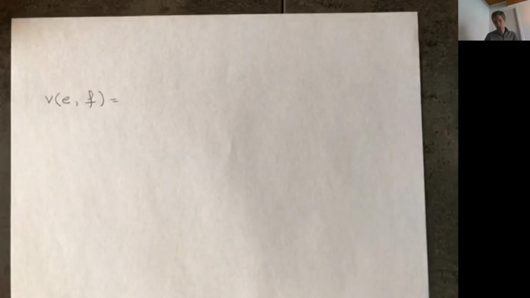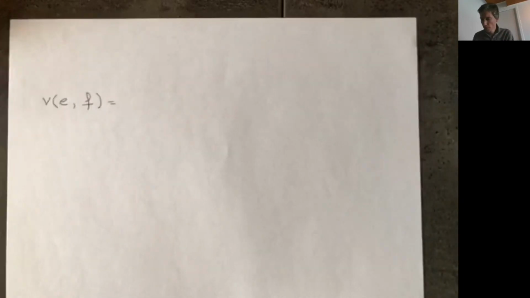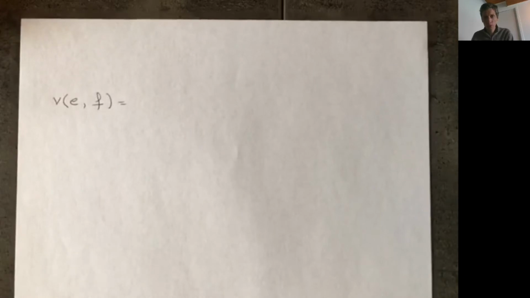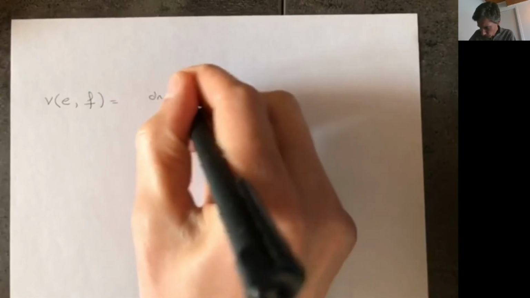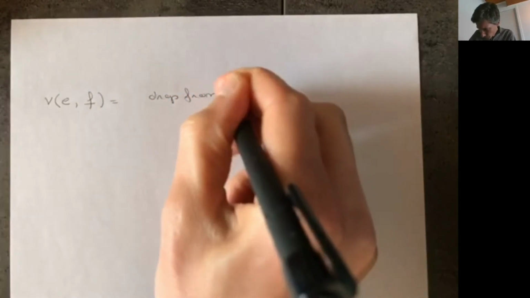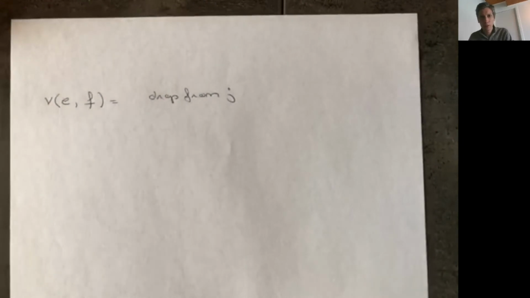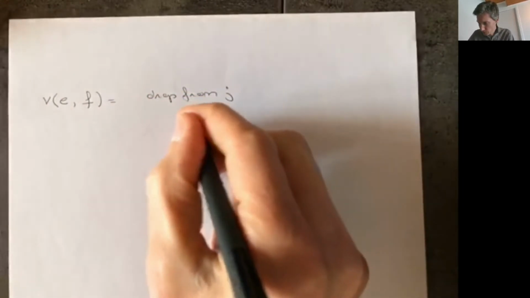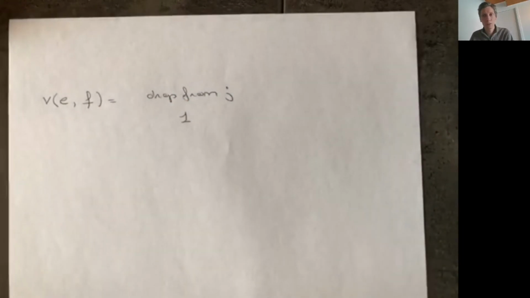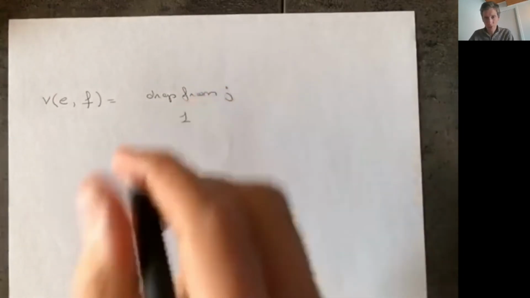Okay, that's the idea here. So what will I do normally with my egg? Okay, I will drop it from some floor. Okay, so drop from J. So what happens if I drop my egg from the Jth floor? Well, then I have dropped an egg, right? So V has to increase by 1, right? That's a given.